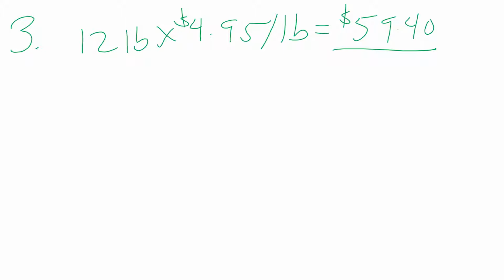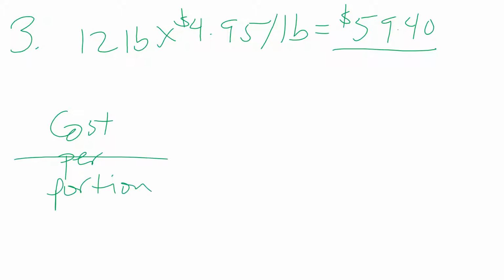What does it represent? The divide, okay? So if we do cost per portion, now we have our cost, $59.40, divided by, how many servings did we get? 13.2. 13.2 servings. Okay. $4.50. $4.50 per serving.